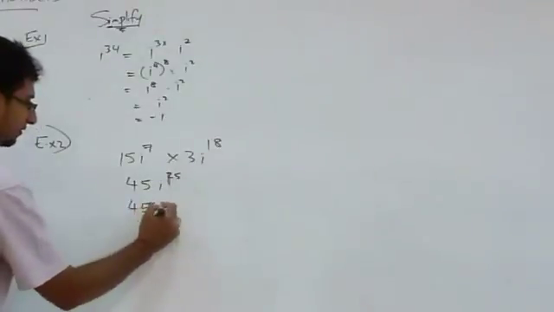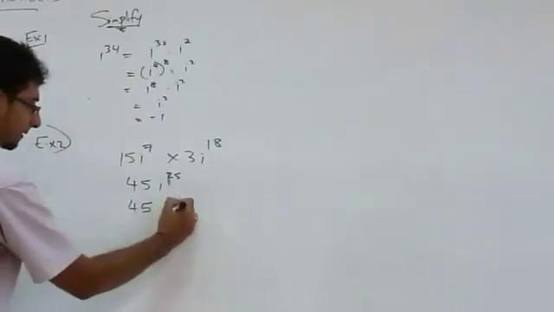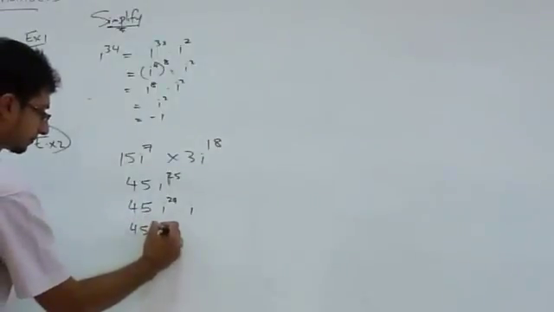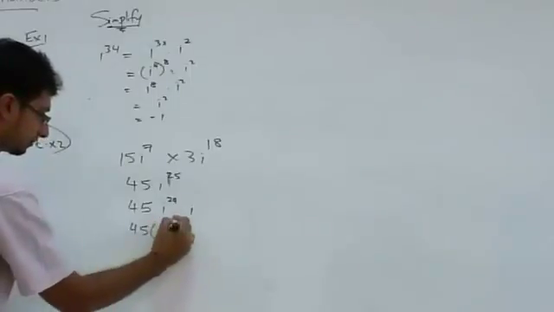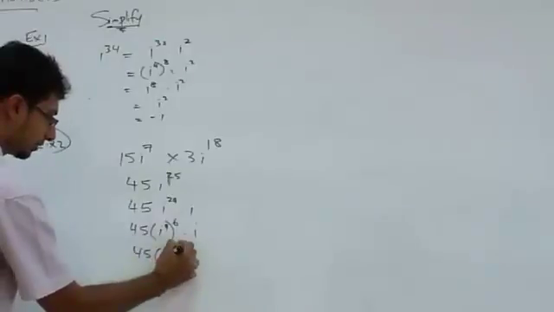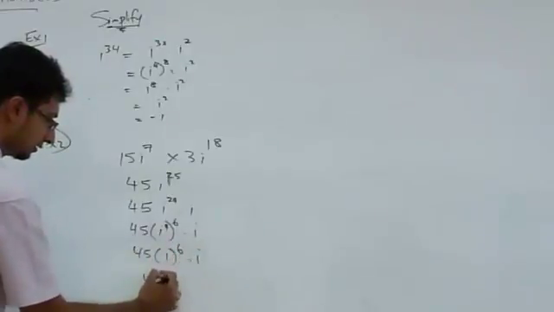So you get 45 i²⁵, which is 45 i²⁴ times i. I use 24 because 24 is a multiple of 4. So 45 (i⁴)⁶ times i, and i⁴ is 1, so 1 to the power 6 times i. So 45i simply. Okay, so that's how we simplify.